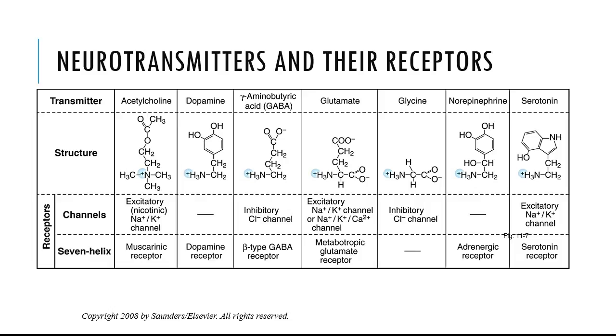Whether you're looking at either a channel or a G protein that binds to acetylcholine, without being specific, you could say an acetylcholine receptor is called a cholinergic receptor. Cholinergic receptors bind to what? Cholinergic receptors bind to acetylcholine.